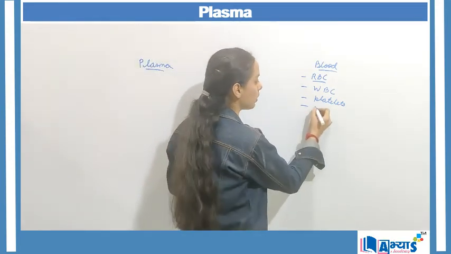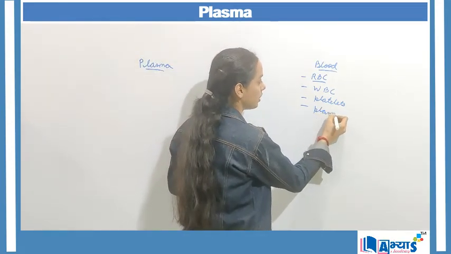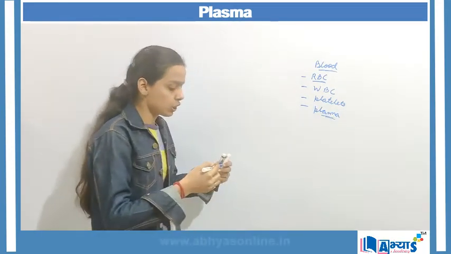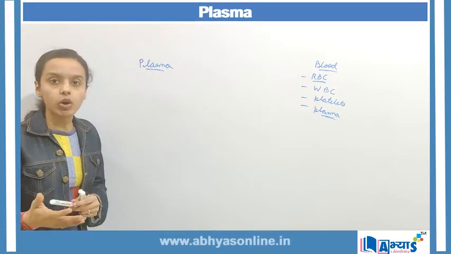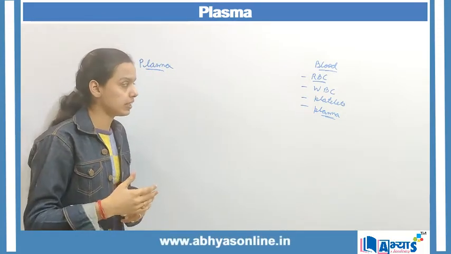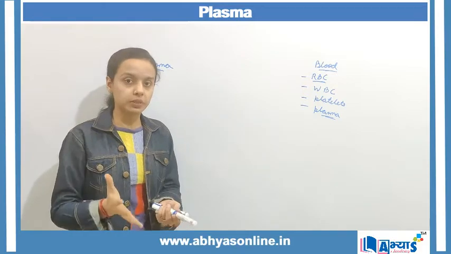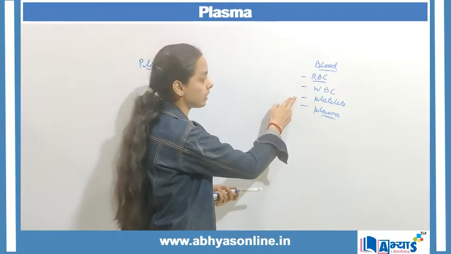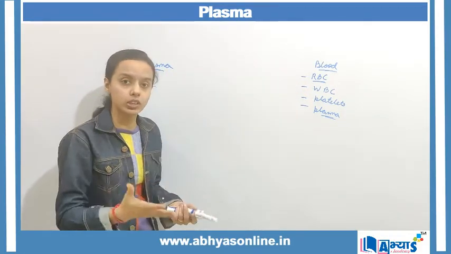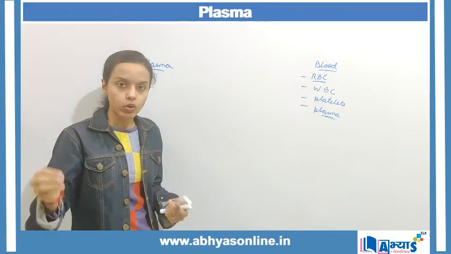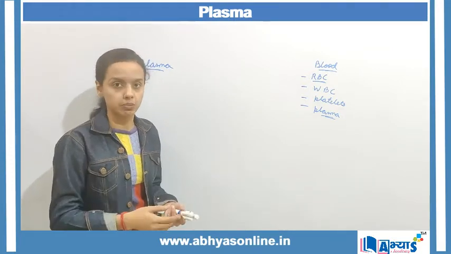The fourth is known as the plasma, which we are going to discuss today. Plasma is actually the liquid component of the blood, or we can say it is the clear liquid substance in which all these three different structures of the blood are embedded, or they float on the plasma.